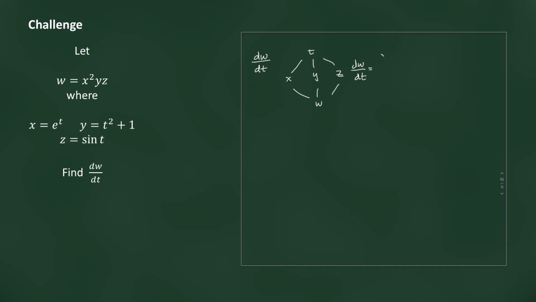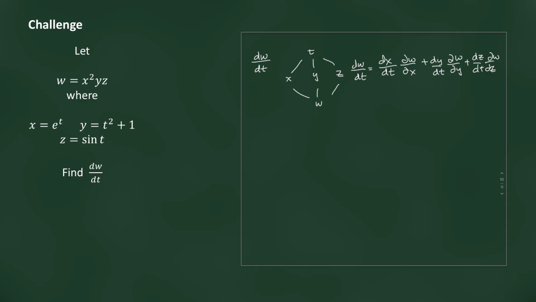We're going to get the dx/dt. x is only a function of one variable, so we don't need a partial there. dx/dt times the partial of w with respect to x. Then we'll have dy/dt times the partial of w with respect to y. And then lastly, dz/dt times the partial of w with respect to z.